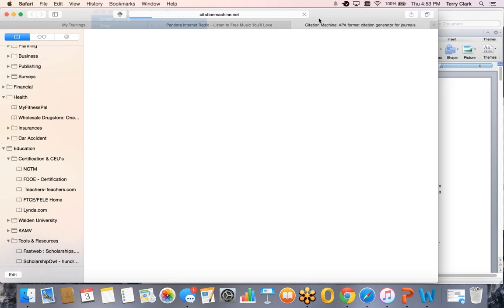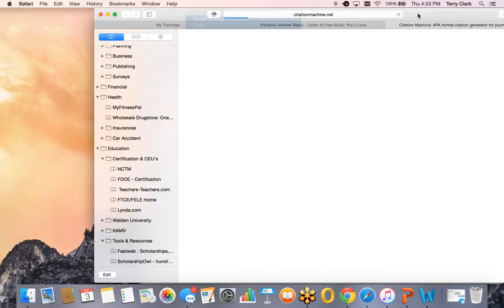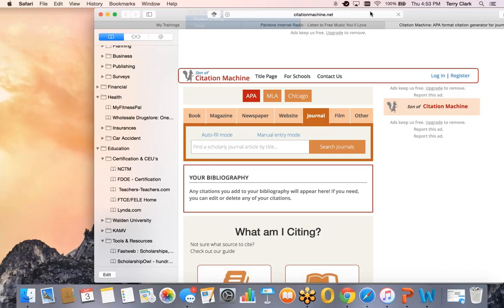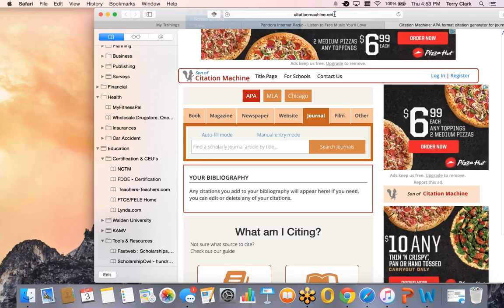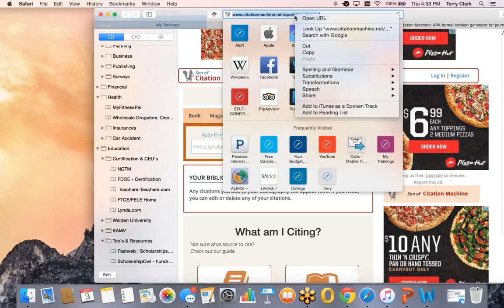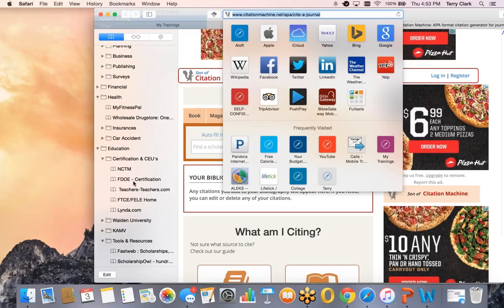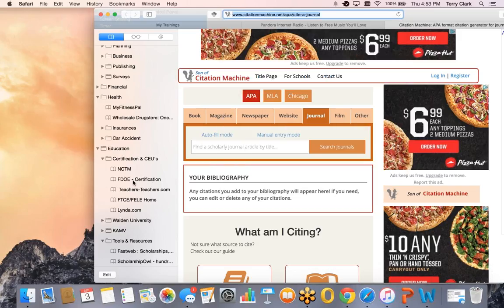Okay, it's a citation machine. It'll cite anything, like for the discussion questions. You just put the information in for your journal and stuff, and it'll cite it for you in APA style format. Copy. All right. So there you go. That's it right there.